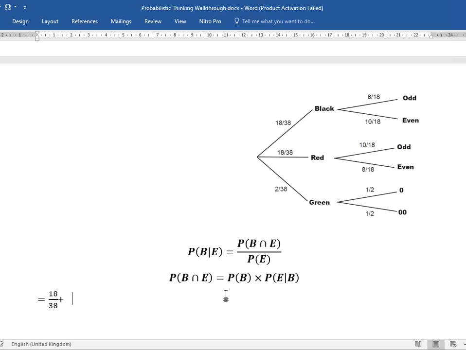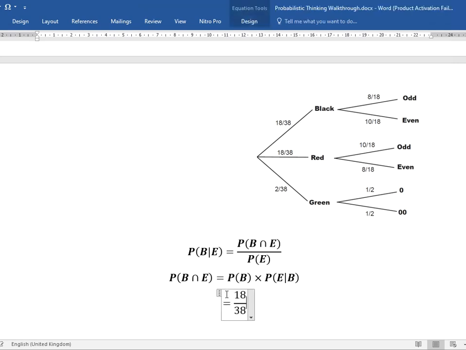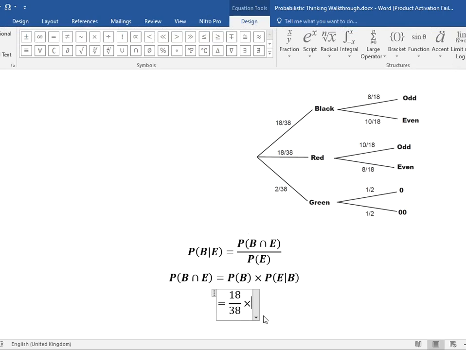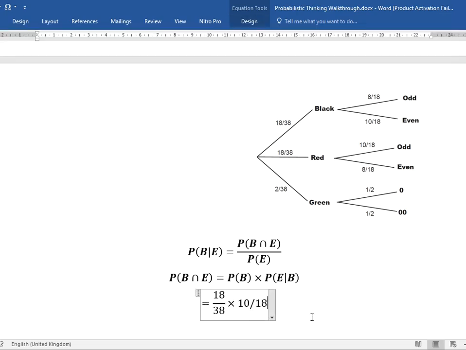And then the next thing I want to look at is multiplication here. So what's the probability of E given B? 10/18. So we have 10/18 there. So we have this multiplied by this.